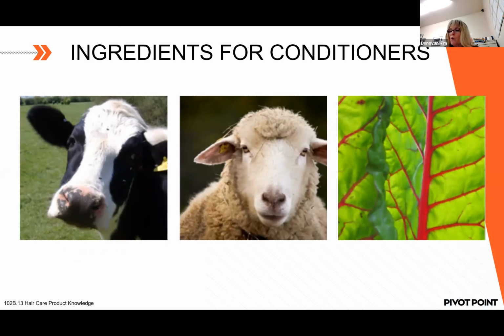A common one would be an animal protein. Usually you get an animal or a vegetable. Very few come from minerals. Sometimes they do, sometimes they don't, but for the most part, the animal protein you're going to find in conditioners is bovine serum.